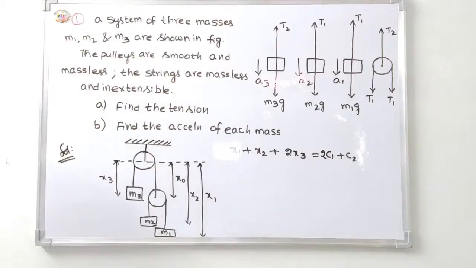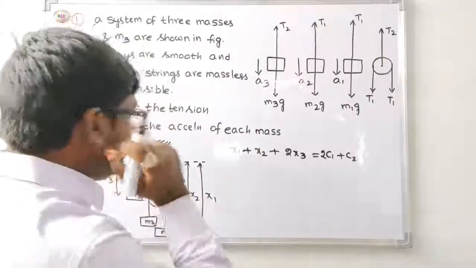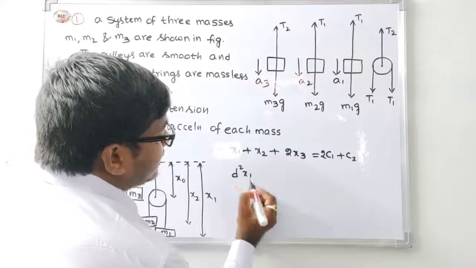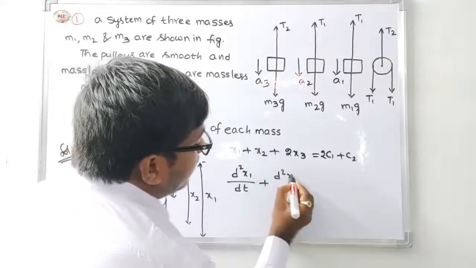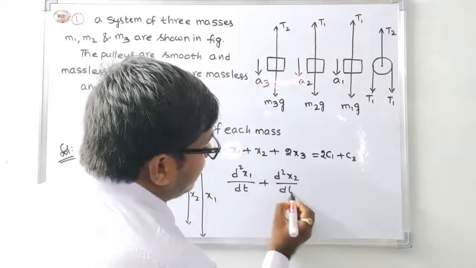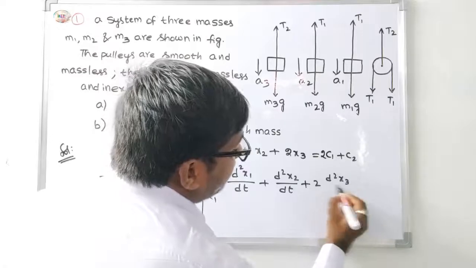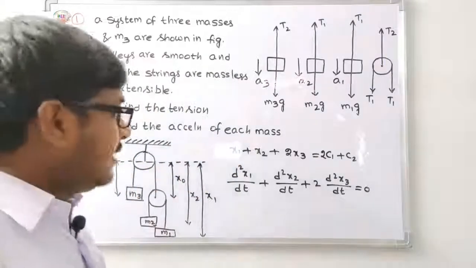So differentiate twice with respect to time, because we want to find the acceleration. Then d square x1 by dt square plus d square x2 by dt square plus 2 into d square x3 by dt square is equal to 0.